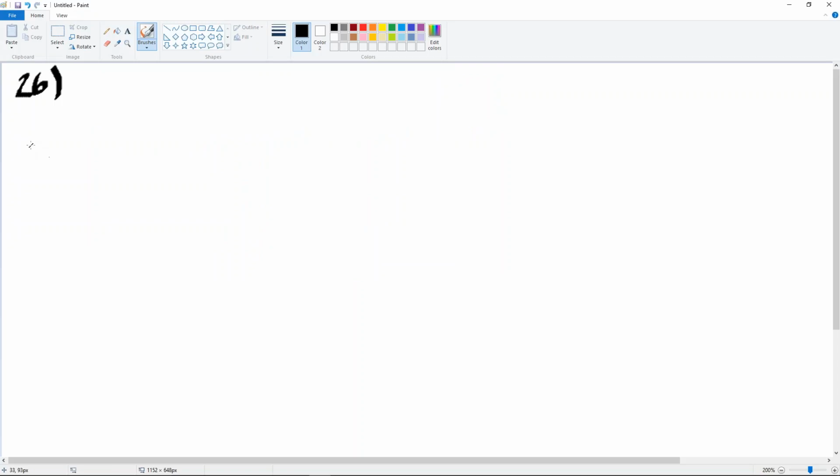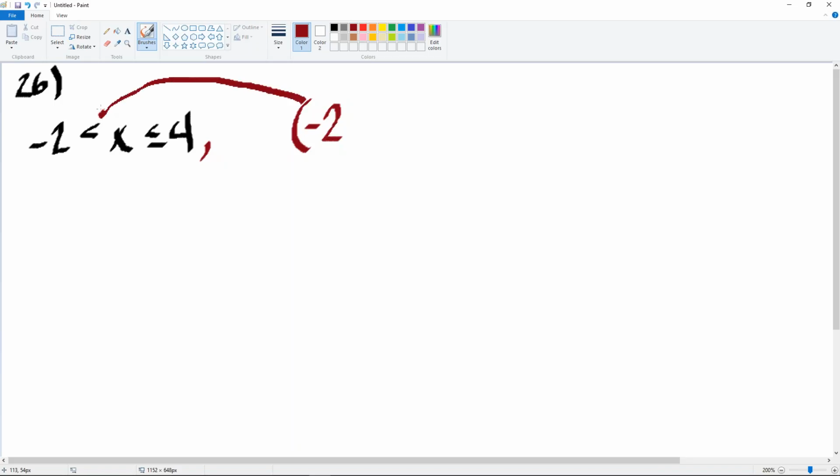Inequality notation is -2 is less than x, which is less than or equal to 4. Then you have interval notation, which is parentheses -2, parentheses because of that right there, comma, 4 bracket. The bracket because of that right there.